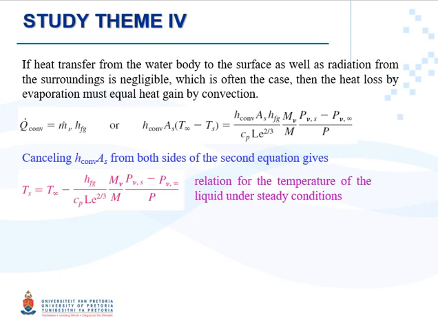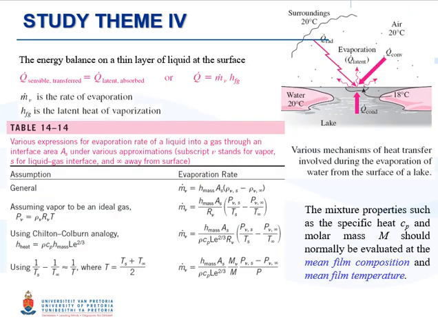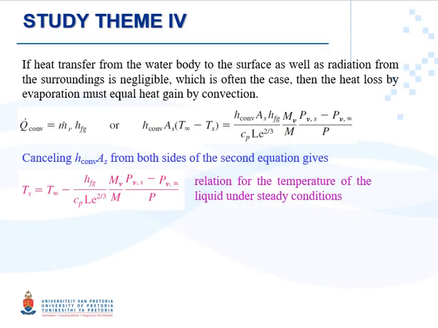So if we put Q dot convection equal to m dot v hfg, and write it down based on the Chilton-Colburn analogy, we can have this correlation.